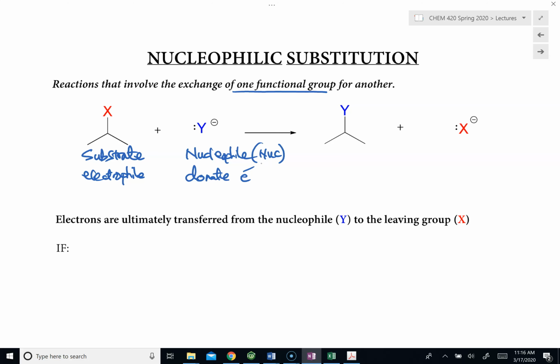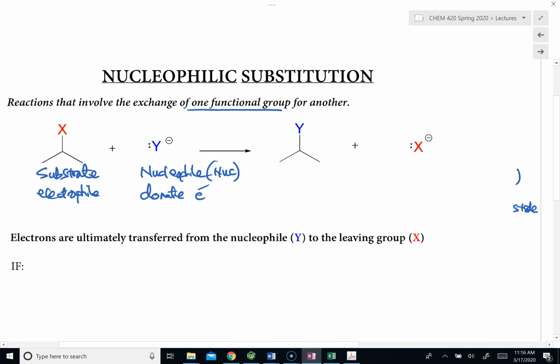As the nucleophile gives the electron to the substrate, it gives electrons to a very particular atom in it, and that will be this carbon right here. This carbon is the electrophilic carbon. In order for it to be an electrophilic carbon, the functional group X has to be a group that is taking electrons from this carbon, thus making this carbon electrophilic.